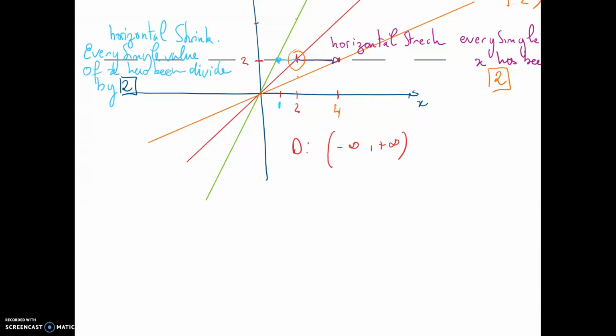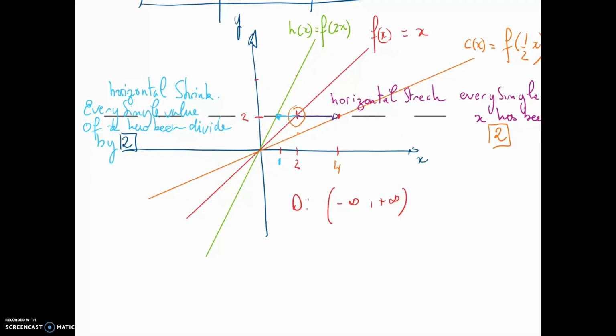There is an infinity of points defining that line. So when I look at the domain of my orange function, I basically need to multiply by 2 every single value of x, and because there is an infinity of values, obviously it's going to be negative infinity to plus infinity. No matter how much I multiply, the domain doesn't change for this function.